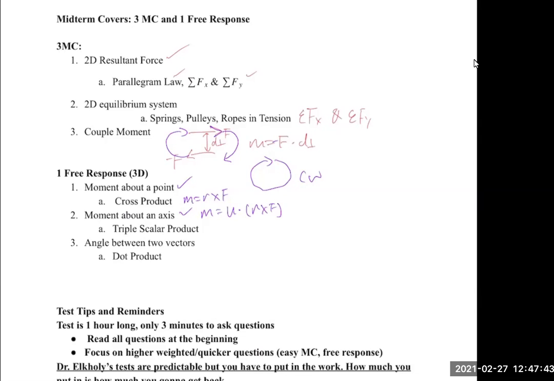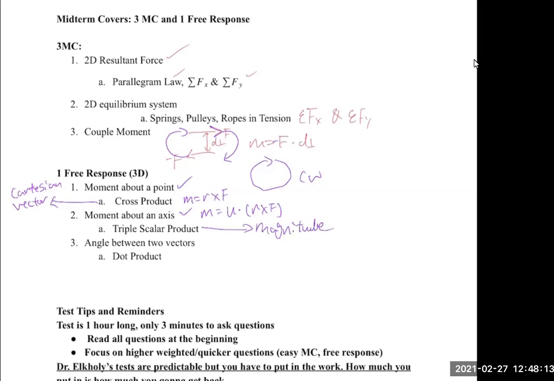Unless the question states otherwise, the cross product always gives you a Cartesian vector form, like i hat, j hat, k hat. And for the moment about an axis, we use the triple scalar product, and the final answer you find is going to be a single magnitude.